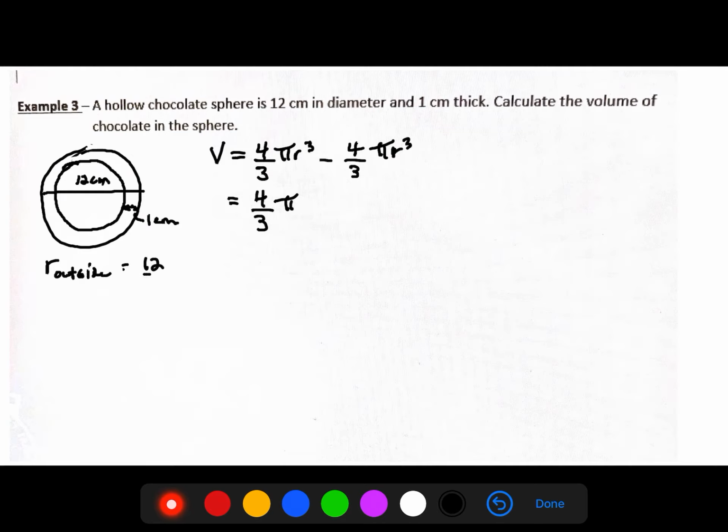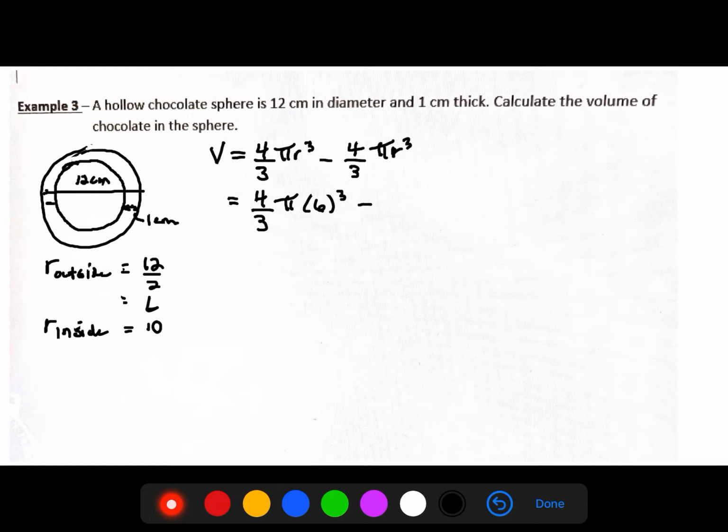So we just have to figure out the radius of each of these spheres. Well, the outside sphere is going to be 12 divided by 2, which means we have 6 inches in radius for the big sphere.